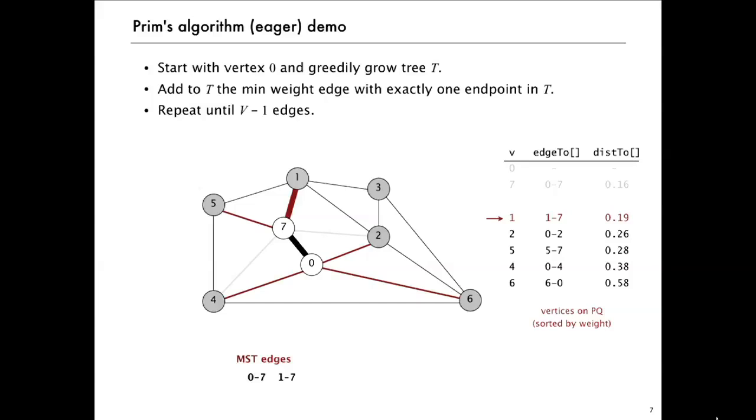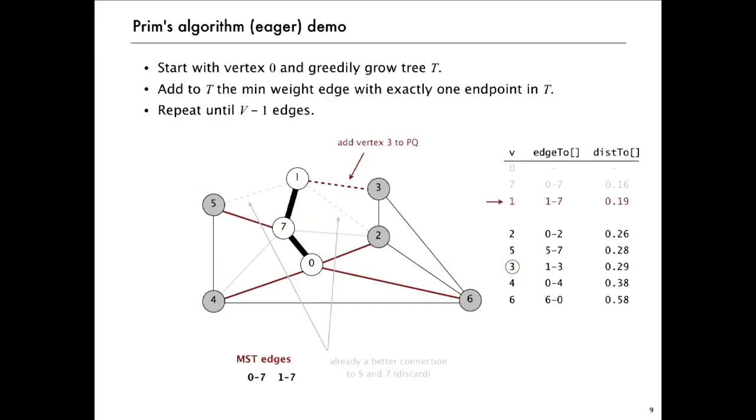So now 1-7 is the smallest thing on the priority queue, and so we put that on the MST. And now we look at everybody connected to 1. And again, 1-7 we can throw out because it's on the tree. 1-5 we don't need because we have a shorter way to get to the tree. 1-2 we don't need because we have a shorter way to get 2 to the tree.